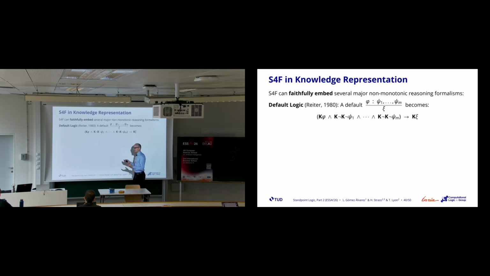So why is this logic interesting? I already mentioned that Truszczynski and others observed that this logic can express other existing non-monotonic formalisms. And first and foremost, what it can express is Raymond Reiter's default logic. That was one of the most prominent non-monotonic logics.